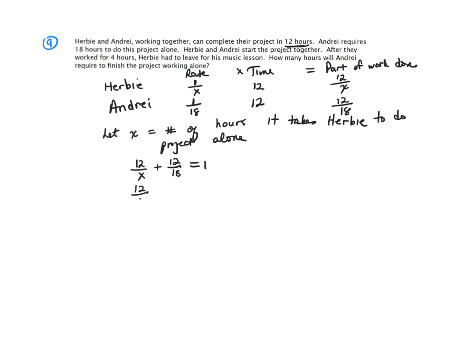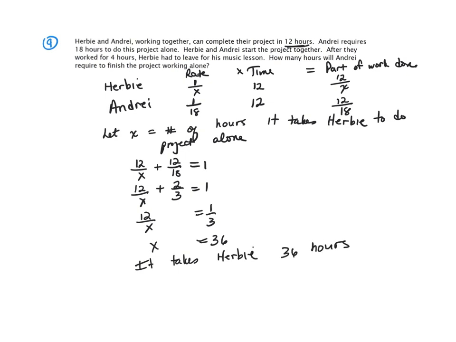Let's try to do this as quickly as possible. So I could rewrite the 12 over 18 as 2 over 3, subtract the 2/3 and get 1/3. And when we cross multiply, we see that it takes Herbie 36 hours to do the project himself.